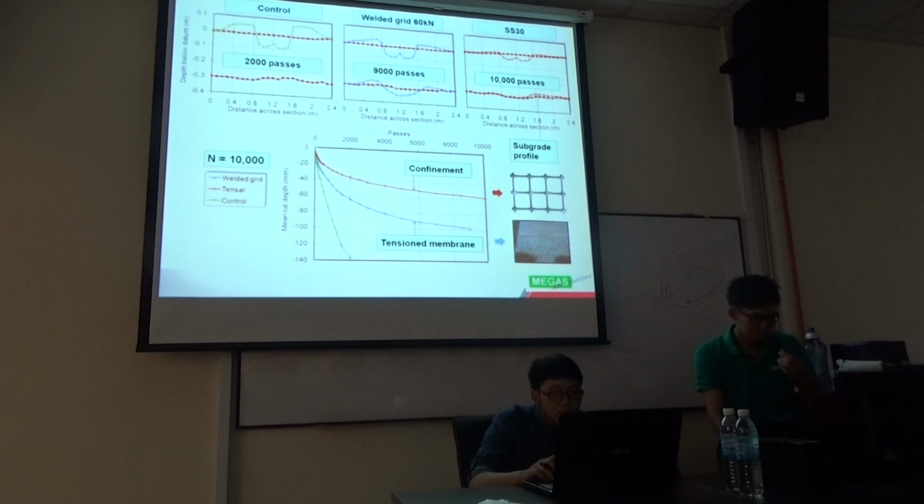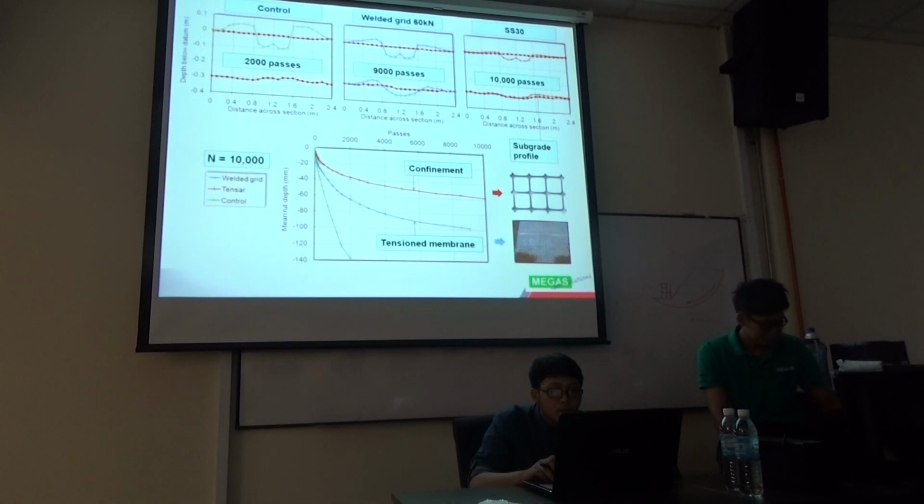So if you plot all the results into the graph, this is the control section. After 2,000 passes, it's 140 mm. This is using the tension membrane. If you look at this line, which is at 6,000 passes, the pavement using the tension membrane geogrid achieved close to 100 mm, where this one is about 45, 50 mm.